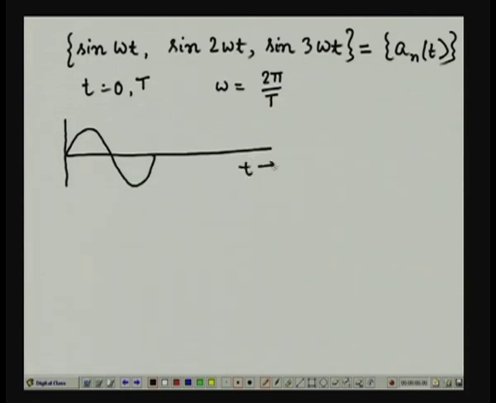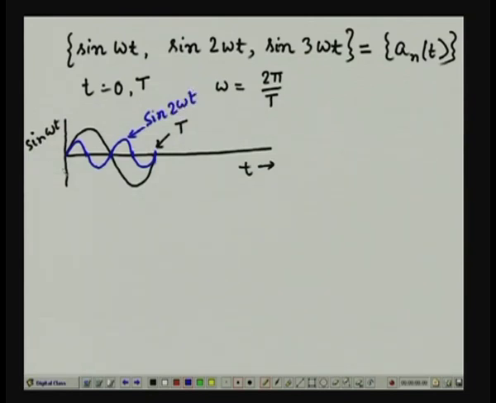So, this is t, this is sin omega t, and this is the time period capital T. If I plot sin of twice omega t on this same diagram, it will be something like this.